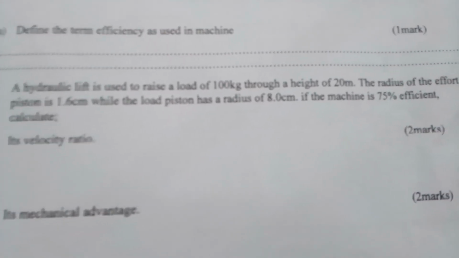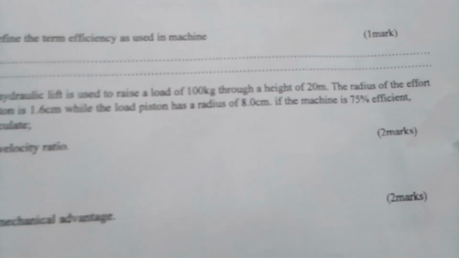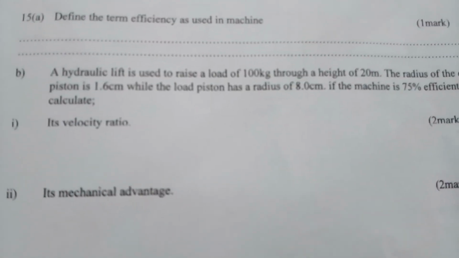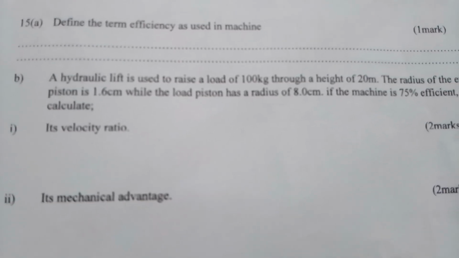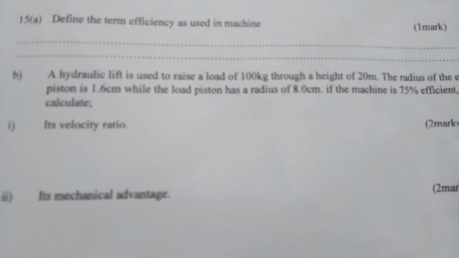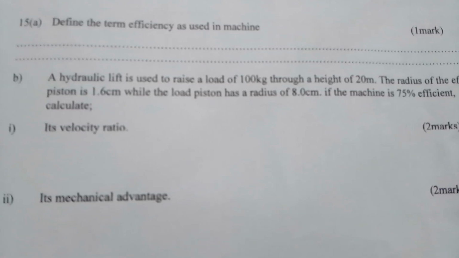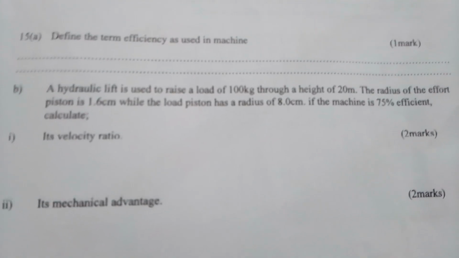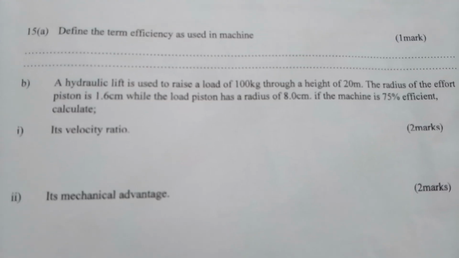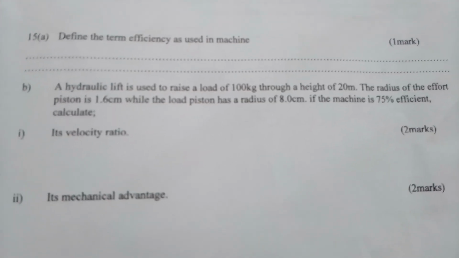The radius of the effort piston is 1.6 centimeters, while the load piston has a radius of 8.0 centimeters. If the machine is 75% efficient, calculate its velocity ratio.